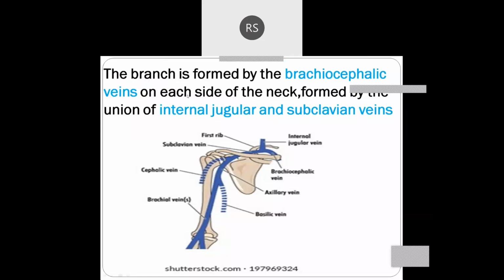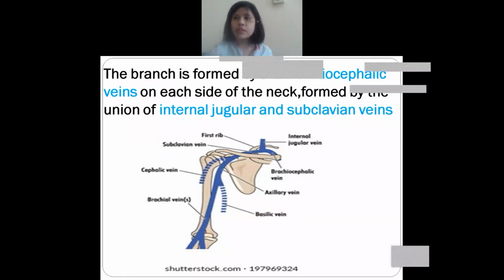Okay, next, the brachiocephalic vein is formed on each side of the neck. This means you will find the brachiocephalic vein on both sides of the neck, the right side and the left side. Here I am showing you only one side, but in reality you will get two parts in two areas.